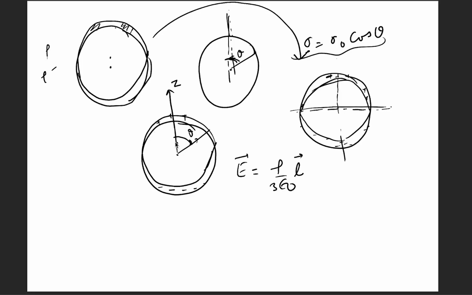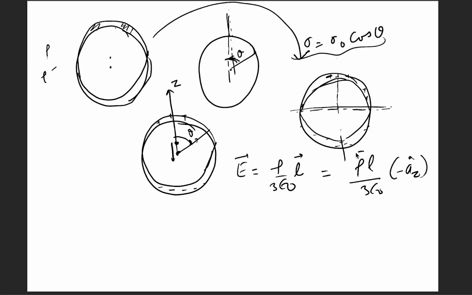The center of plus charge is this, the center of minus charge is this, so L is in this direction. So it is simply ρL/(3ε₀) times minus a_z, if this is the Z axis direction.